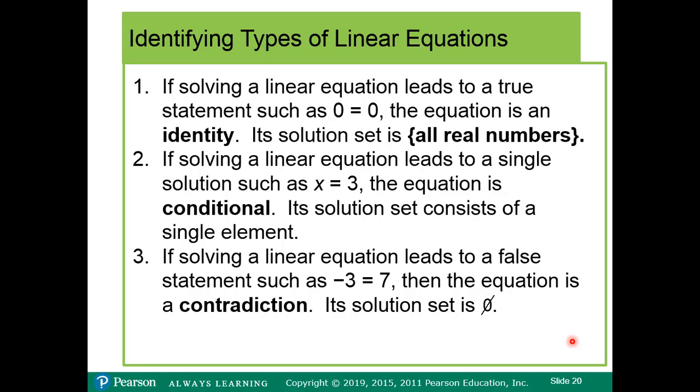With linear equations, it's either going to have no solutions, one solution, or infinitely many solutions. Three, if solving a linear equation leads to a false statement like -3 equals 7 or 4 equals 2, it's a contradiction and it has no solutions. So the solution set is just the empty set.